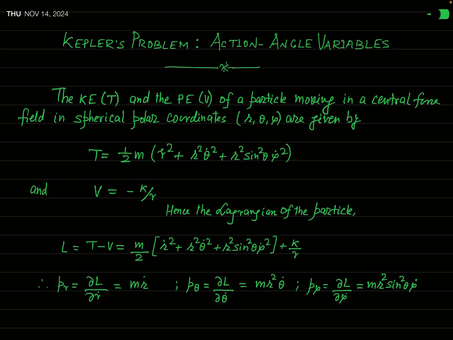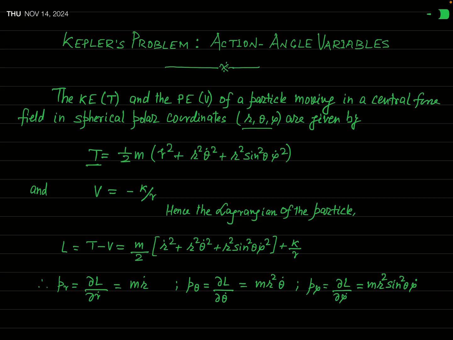So let us see. If you consider a particle of mass m moving in a central force field, then its kinetic energy, denoted by the symbol capital T, will be given in spherical polar coordinates r, theta and phi.